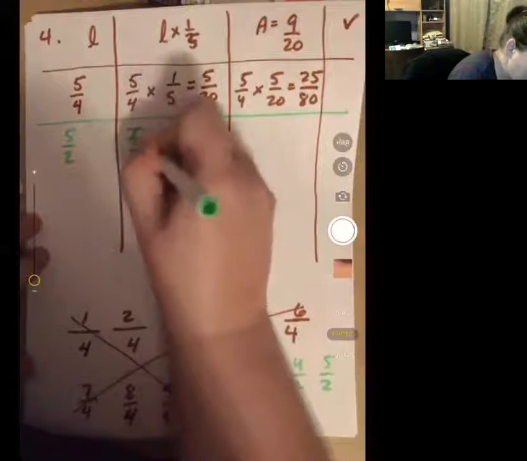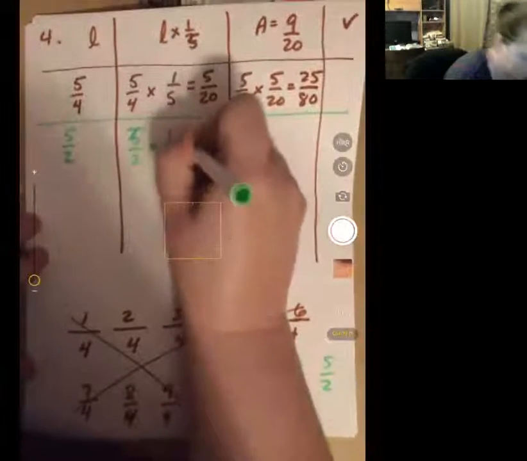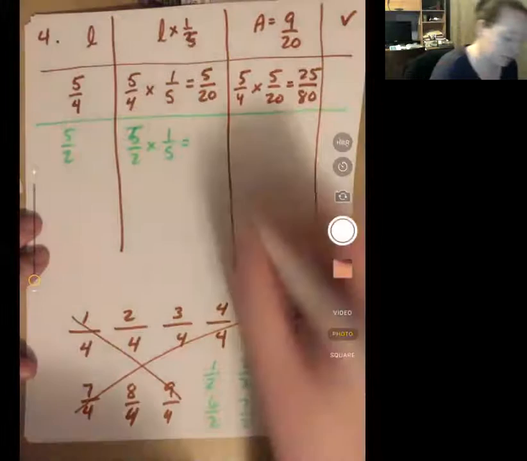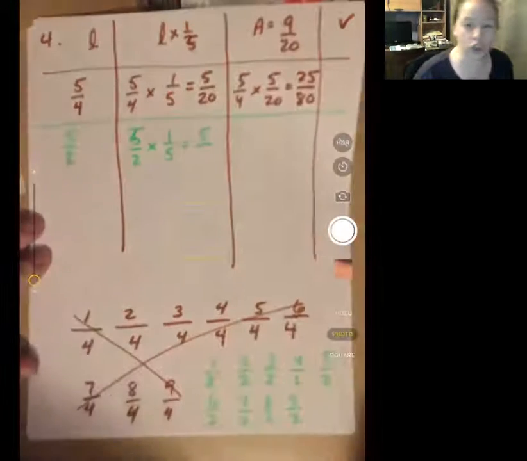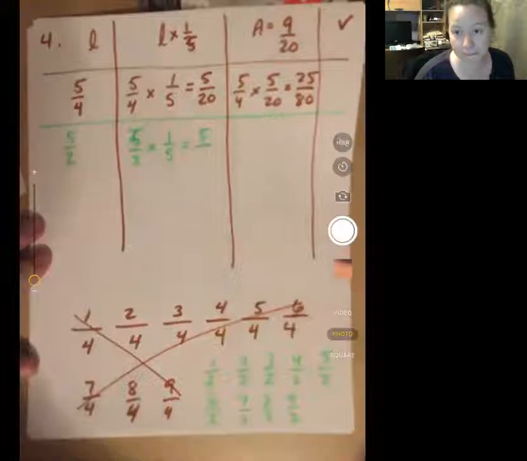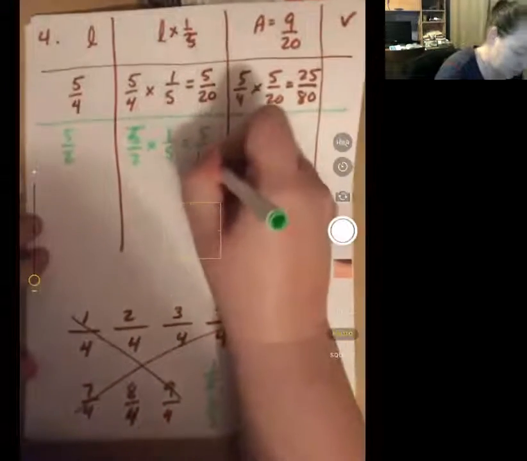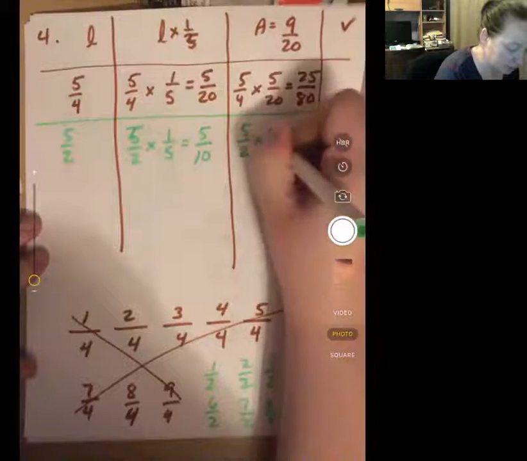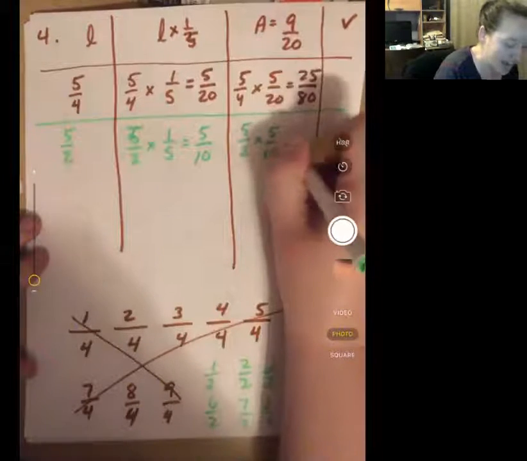5 over 2 times 1 over 5. 5 times 1 is 5. Over 2 times 5, which is 10. Okay, so now I have 5 over 2 times 5 over 10.